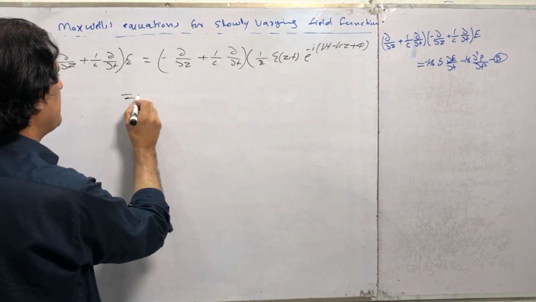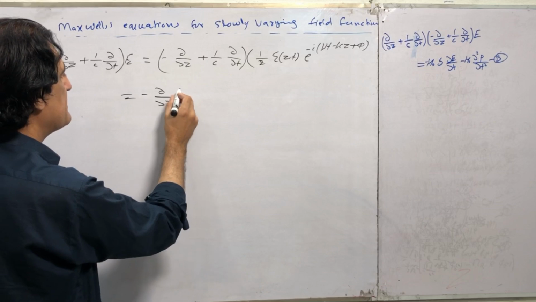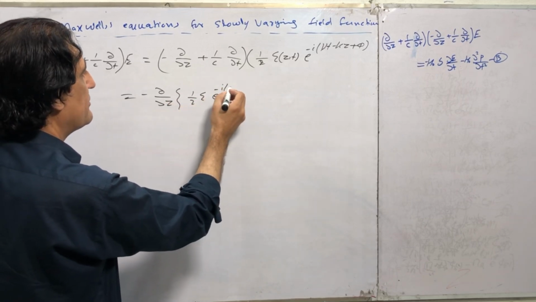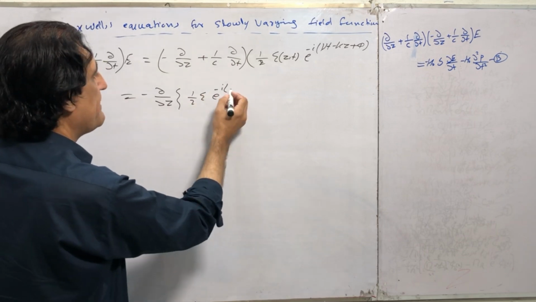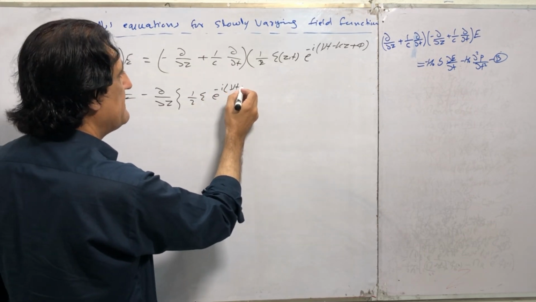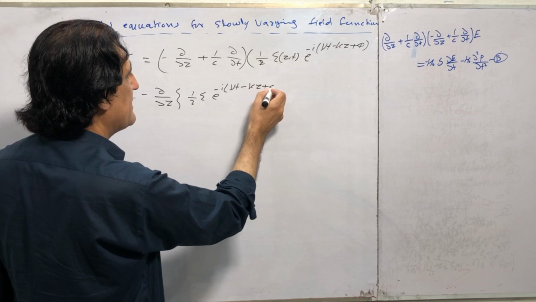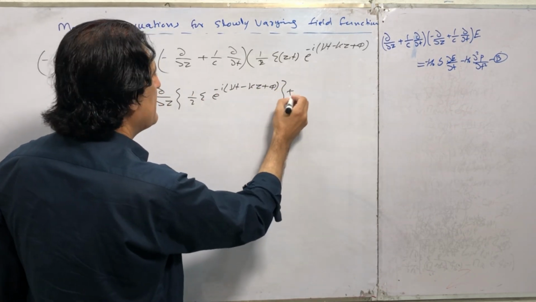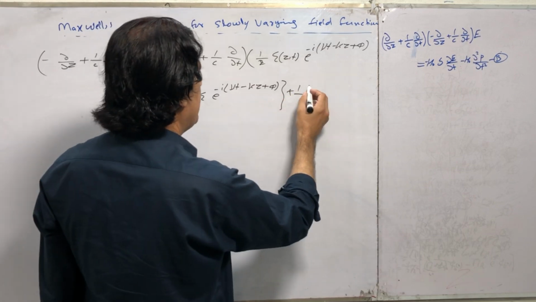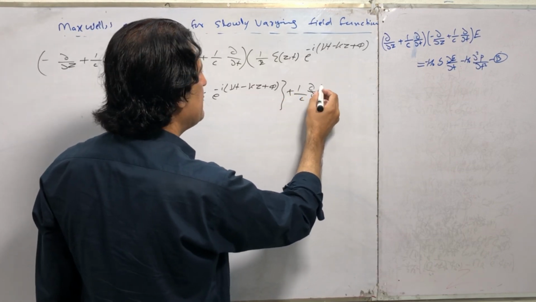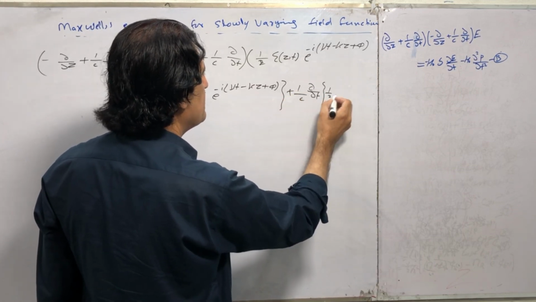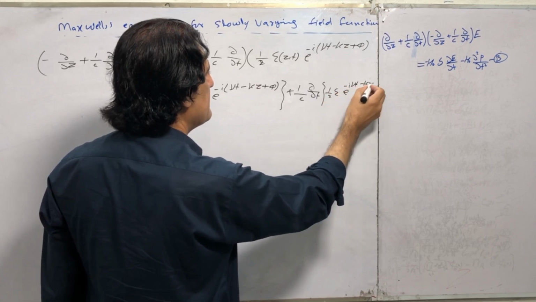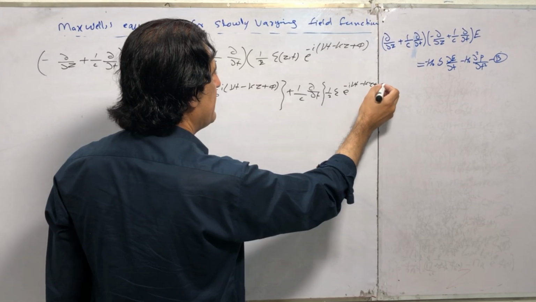We can take minus partial divided by partial z of 1 over 2 epsilon e to the power minus iota (nu t minus kz plus phi), where epsilon is a function of z and time, and phi is also a function of space and time, plus 1 over c partial divided by partial t of 1 over 2 epsilon e to the power minus iota (nu t minus kz plus phi).